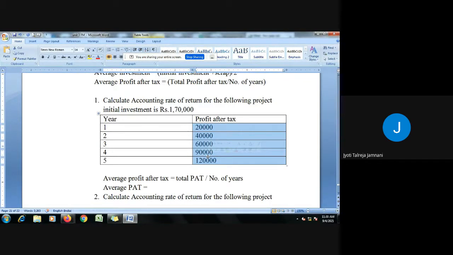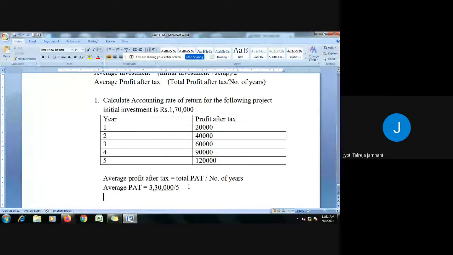So the total is 3,30,000 divided by the number of years. Now there are 5 years, so I'll divide by 5. Your average PAT will be equal to 3,30,000 divided by 5, and we get 66,000.